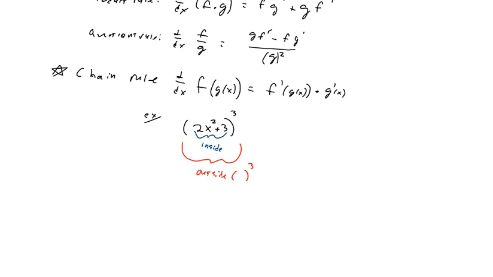So if I was to do the derivative of this, d dx of 2x squared plus 3 cubed, I would do the derivative of the outside first, leaving the inside alone.